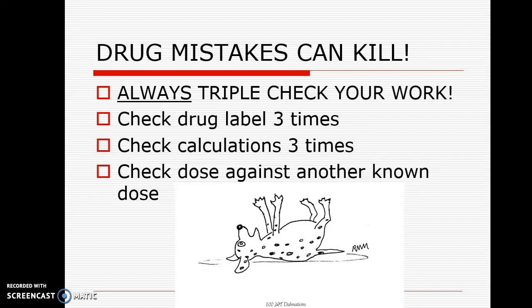So, some simple things that you can do are these simple things right here, and that is to triple check your work. So triple check the drug label. When you take the drug off the shelf, you want to look at the label. You have to do that in order to identify the drug to take down off the shelf. And then when you're about to count out the tablets or draw up the drug in a syringe, you want to check the label again.